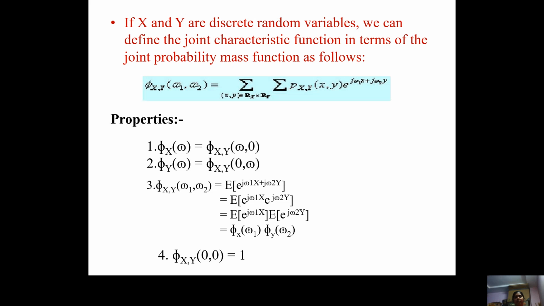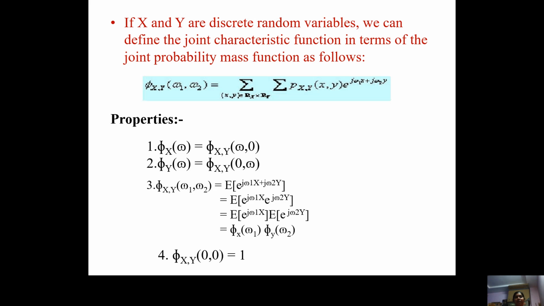So this is nothing but the expectation of e power j omega 1 x, which is the characteristic function of x. And the expectation of e power j omega 2 y is the characteristic function of y. That is why it is phi x of omega 1 times phi y of omega 2. That means the joint characteristic function phi xy of omega 1, omega 2 is the product of the characteristic function of x and the characteristic function of y.